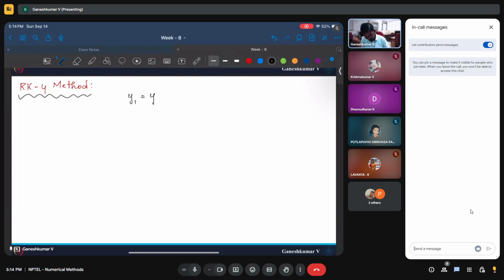Y1 is equal to y naught plus k, where k is equal to 1 by 6, k1 plus 2k2 plus 2k3 plus k4.